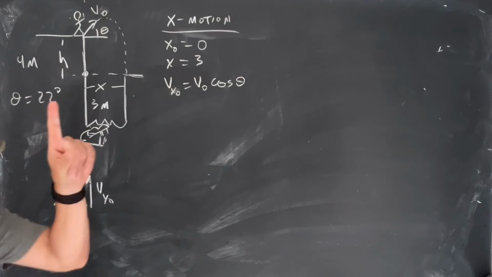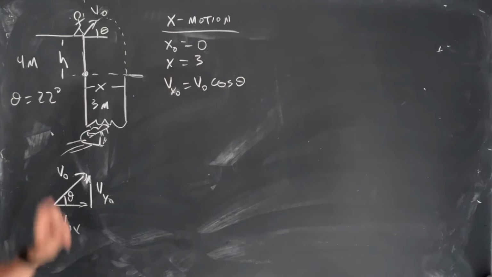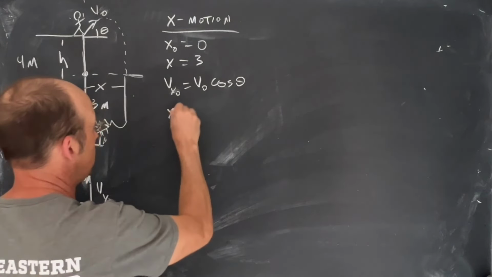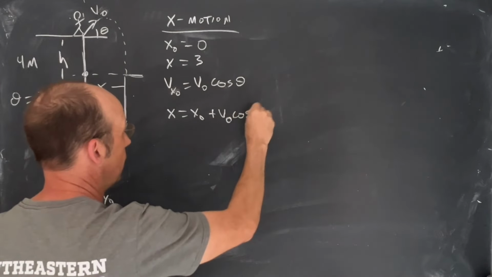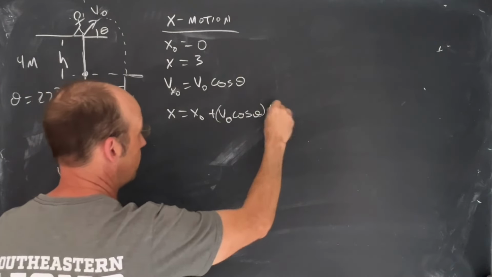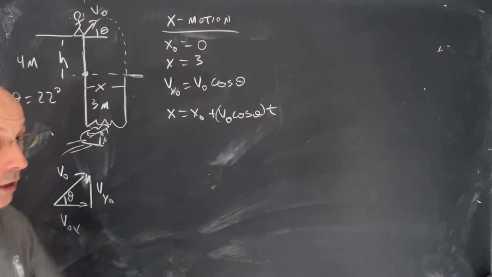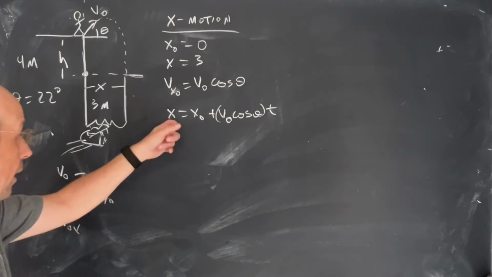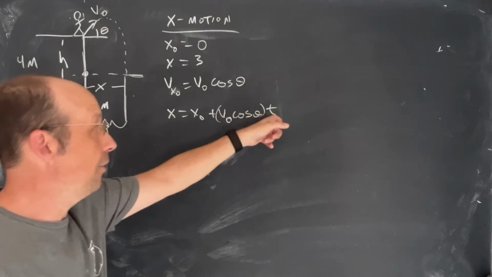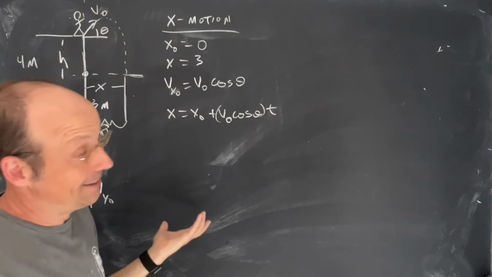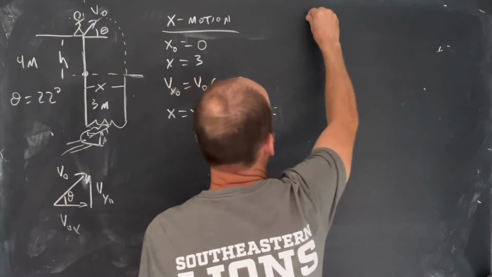With that, I know the acceleration is 0 in the X direction. I can write down the following kinematic equation: x equals x0 plus v0 cosine theta times t, because there's no acceleration. I know theta. I don't know time and I don't know v0, so I can't solve this equation. Well, let's go to the Y motion.